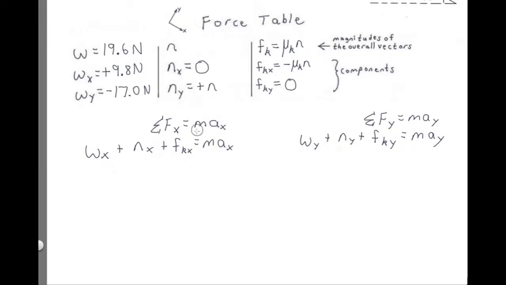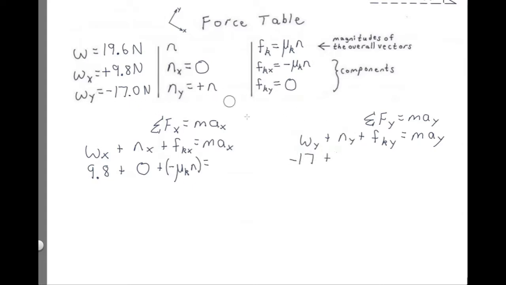Now we can plug in more specifically for the components from our force table. W sub x is 9.8. N sub x is 0. f sub kx is negative mu k times little n. W sub y is negative 17.